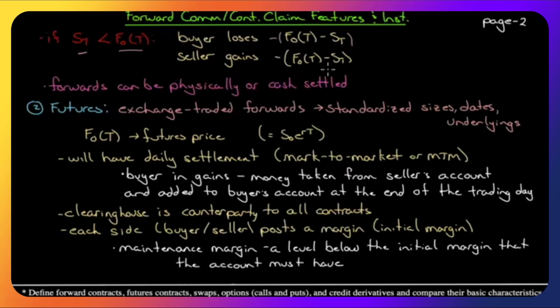Forwards can be physically or cash settled. So we may agree on an underlying that just simply can't be delivered. So let's say that we agree on the number of tornadoes in the Gulf of Mexico, and I've got a number of rigs out in the Gulf that are extracting oil or natural gas, and I want to protect myself from too many storms.